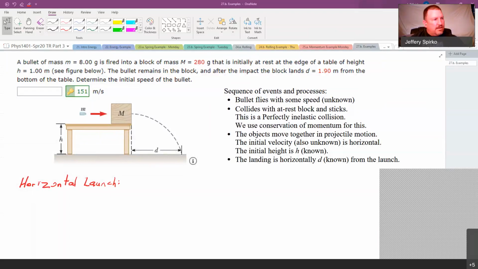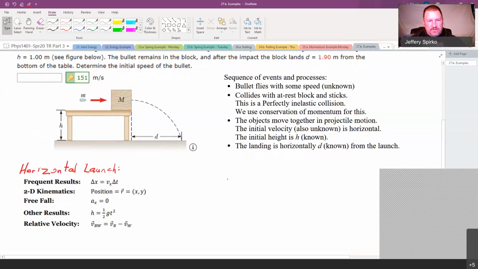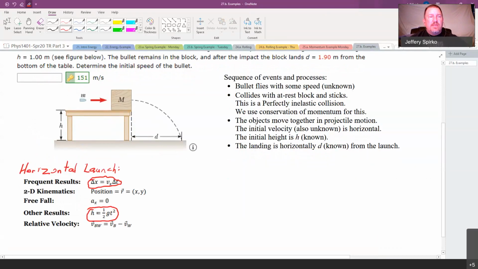We're definitely going to have to use this thing, and we're also going to have to use this thing. So the thing with the height is because we have v initial y equal to 0, it would normally be a much more complicated equation with a v initial y delta t term in there.